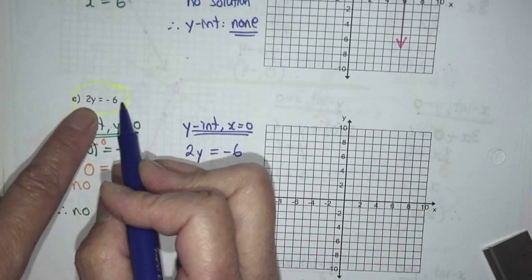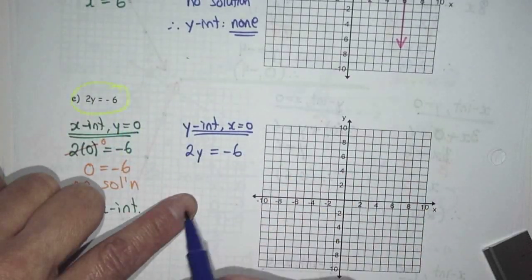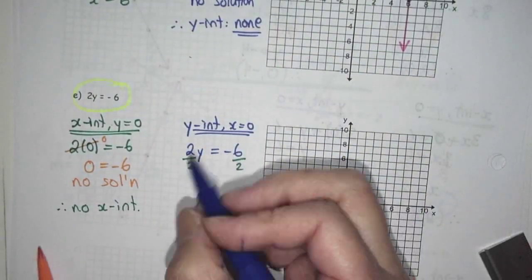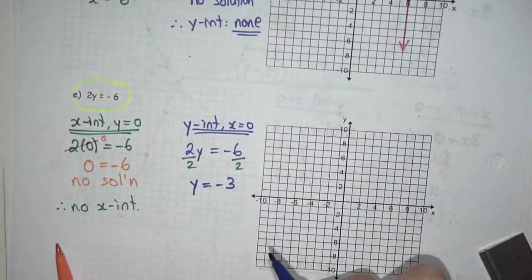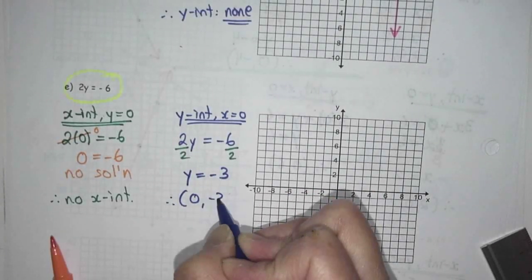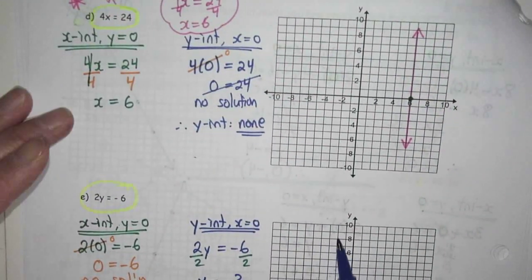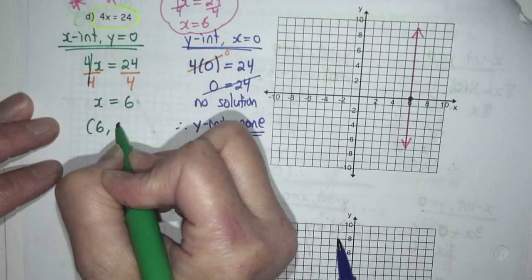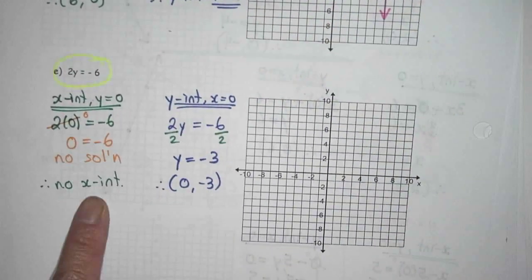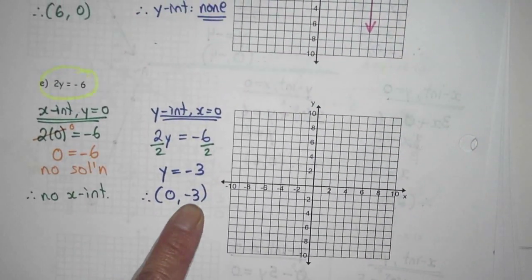There's nowhere to put 0, so you just rewrite it as is. Divide both sides by 2, and you're going to get y is negative 3. So my y-intercept, so therefore it's going to be 0, negative 3. This one up here, sorry, I forgot to conclude it, is 6, 0. Right, and no y-intercept. So this is no x-intercept, and the y-intercept is negative 3.